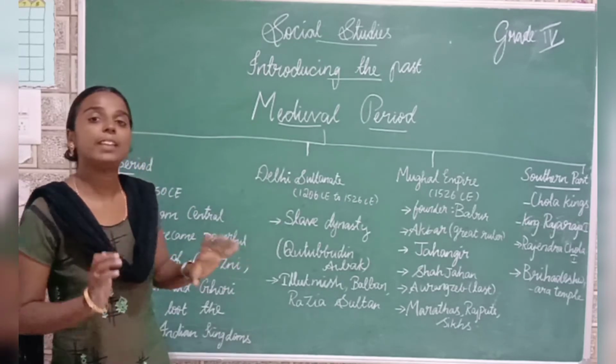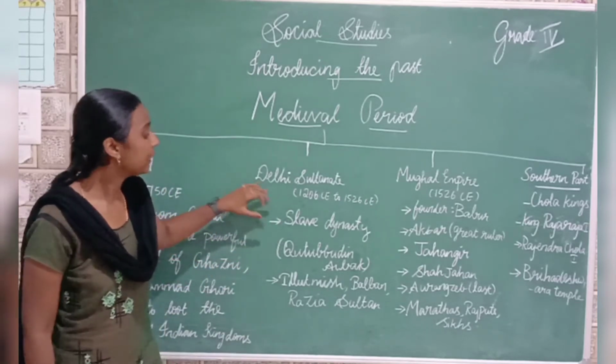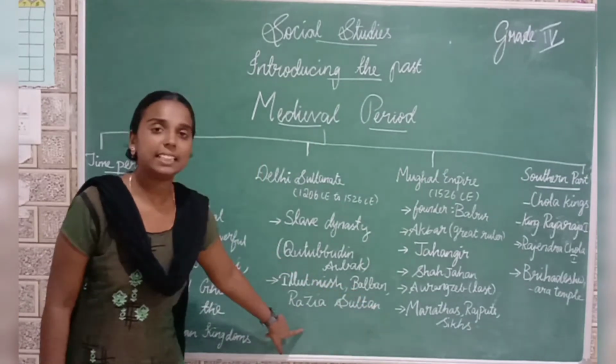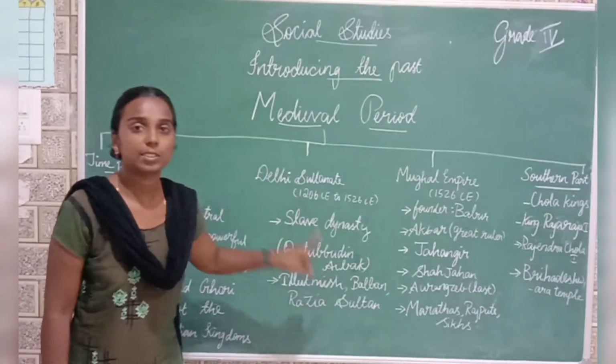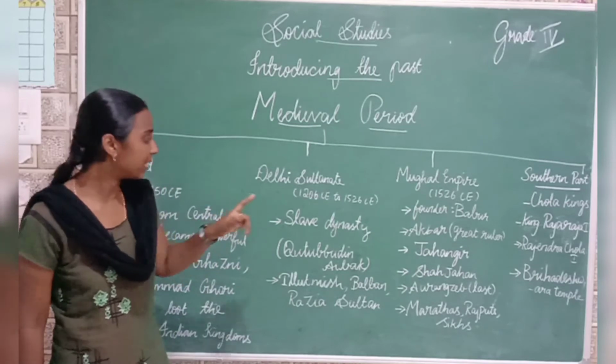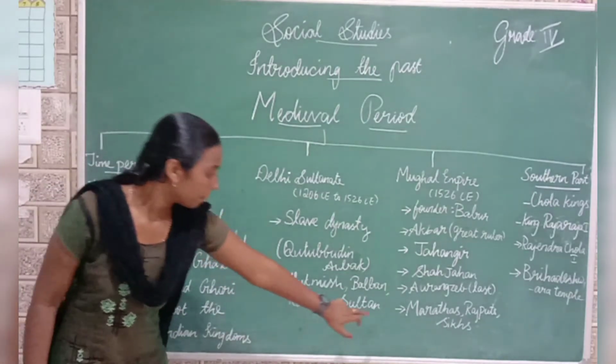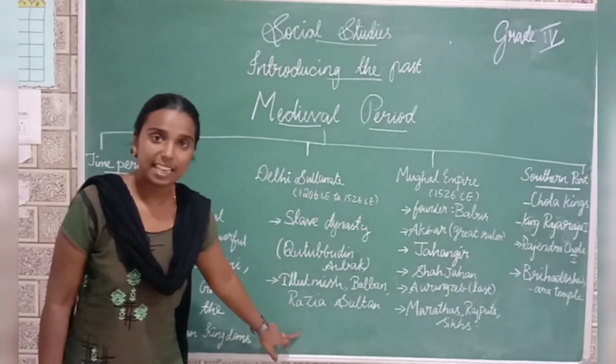Some of the important rulers in this Delhi Sultanate were Iltutmish, Balban, and Razia Sultan.